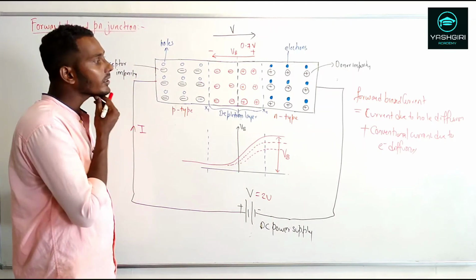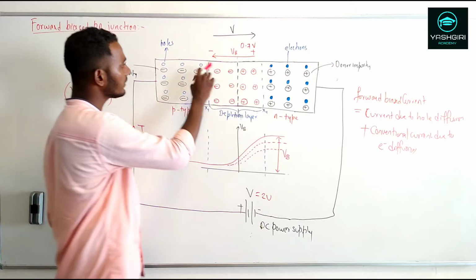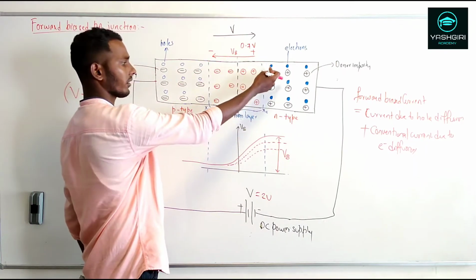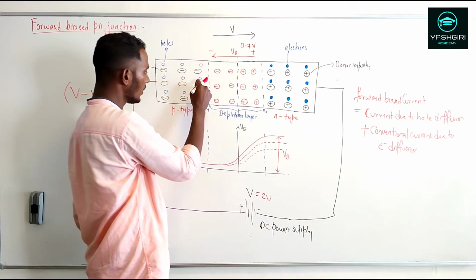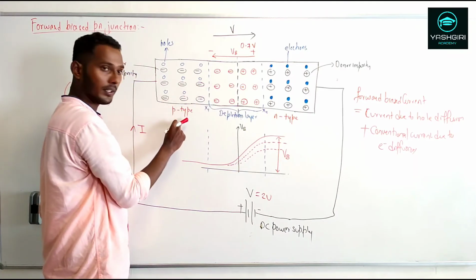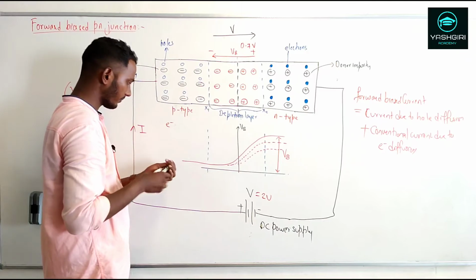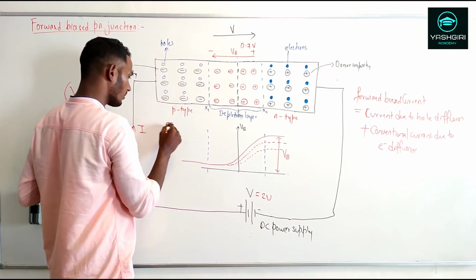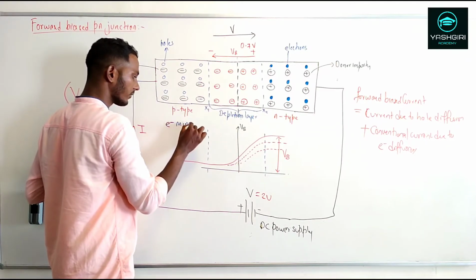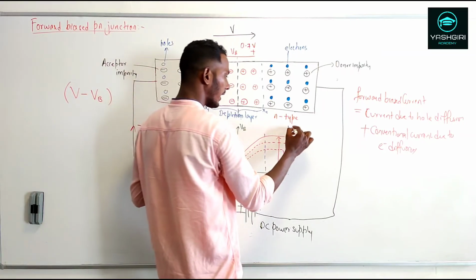Or else you can also see that electrons are diffused from n-type to the p-type. So here in the p-type we have electrons as minority. Electrons are in minority, whereas here holes are in minority.